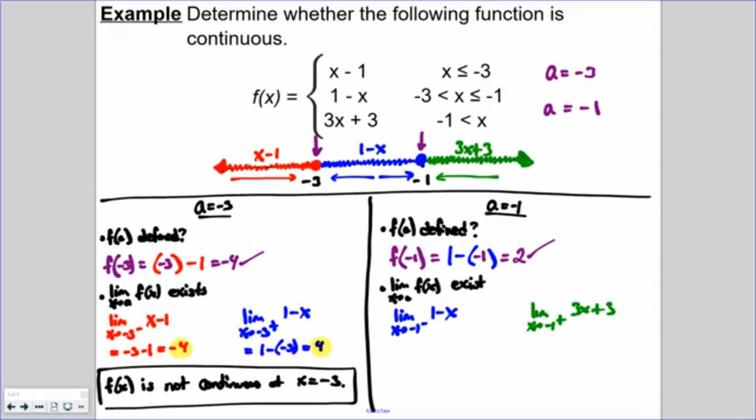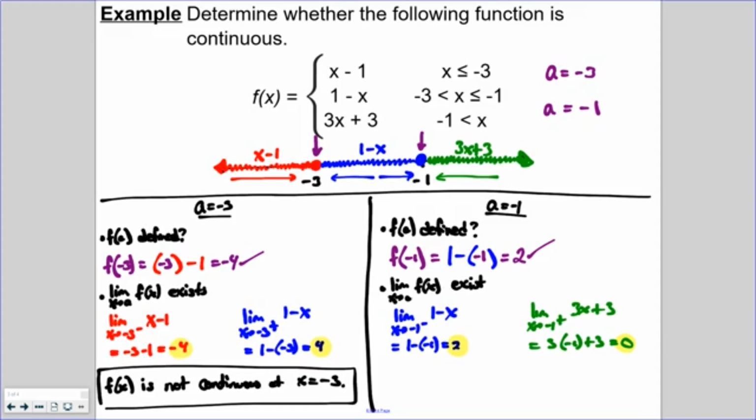And we can see that both of these expressions are polynomials, so we can do direct substitution again, which means we're going to get 1 minus -1, which will be 2. And then for the right-sided limit, we're going to get 3 times -1 plus 3, and that's going to give us 0. So unfortunately, just like with a equals -3, our limits do not go to the same height, which suggests there is a jump discontinuity.